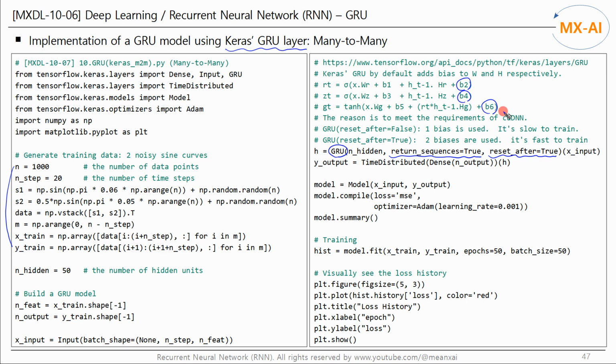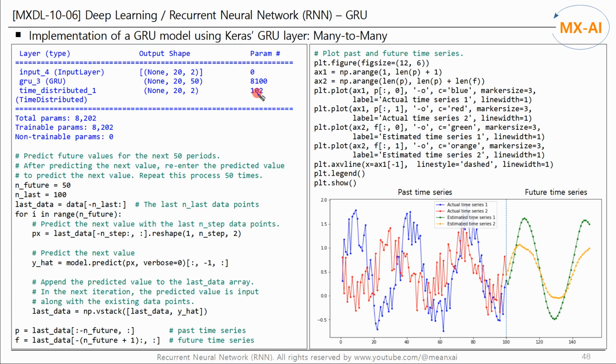The total number of trainable parameters increases. Since the number of biases increased by 3, the number of trainable parameters increased by 150. The time series prediction results are as follows. The results are similar to before.